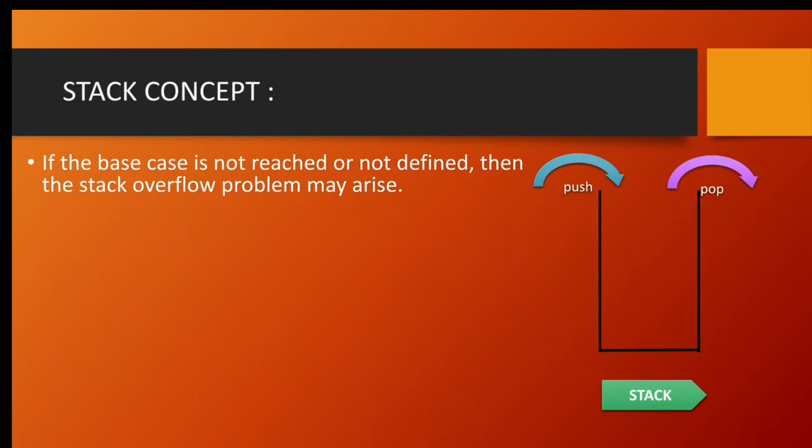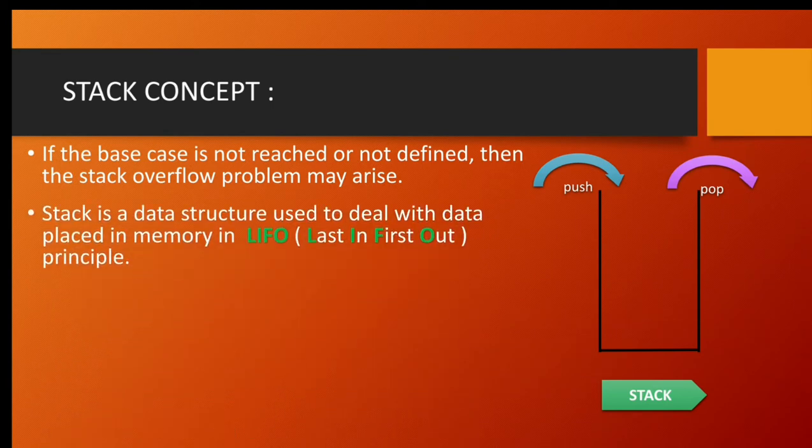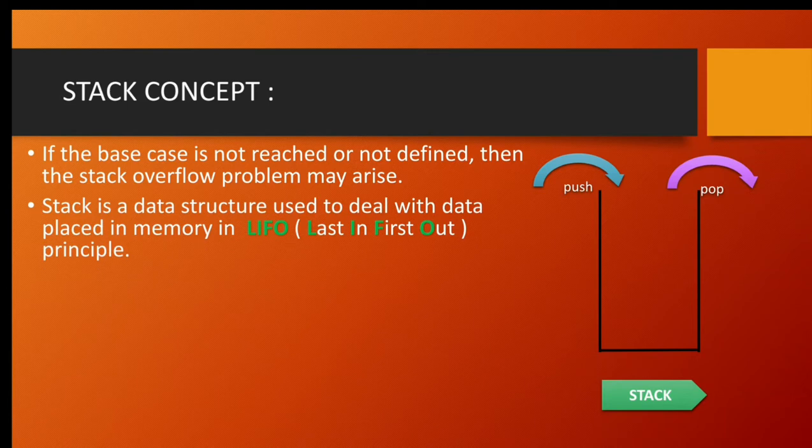If the base case is not reached or denied, then the stack overflow problem may arise. Stack is a data structure used to deal with the data placed in memory on the LIFO principle. LIFO means last in first out. Whatever element we place last will come out first.